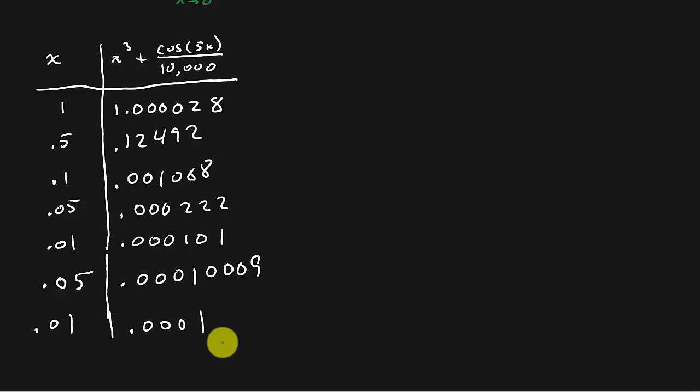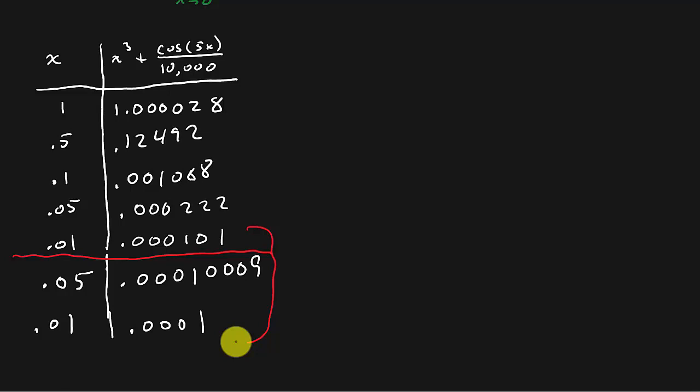Maybe it's not going to 0. If we stopped right here, we would think it's going to 0. But see how we're getting smaller and smaller. Look at these last 3 numbers here, pretty much the same thing, just about.